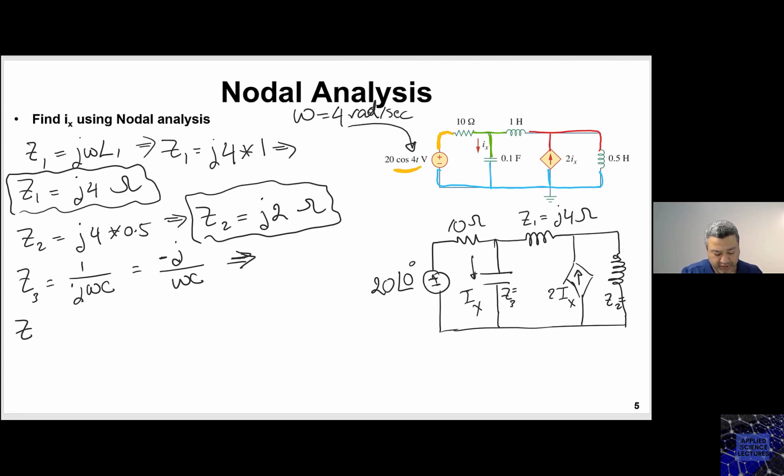So Z3 is minus j over 4 times 0.1. So Z3 is minus j2.5, right?